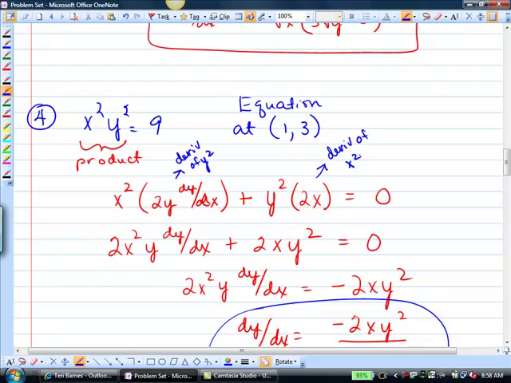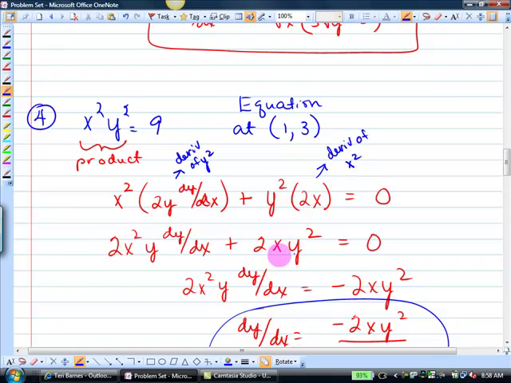So that's my roadmap for that. So I have 2x squared y dy dx, where did that come from? 2 times x squared y dy dx. Plus 2x y squared. That's just kind of moving stuff around.